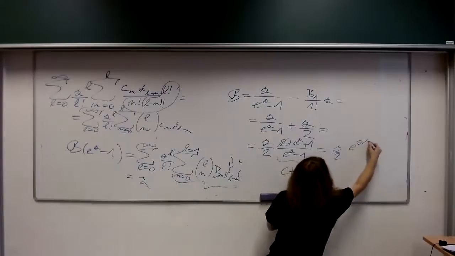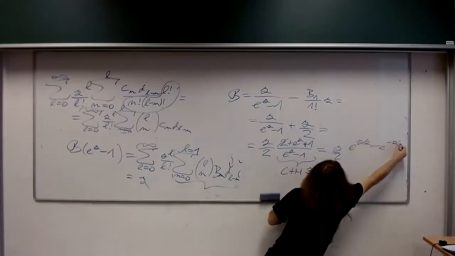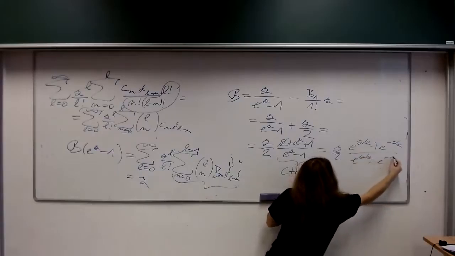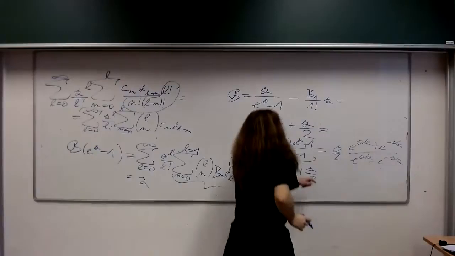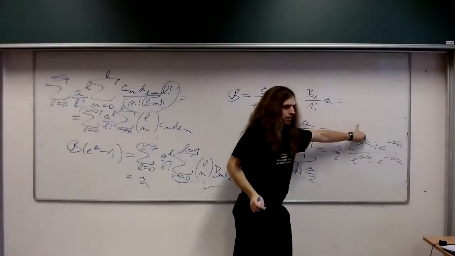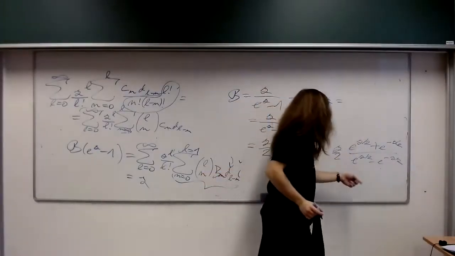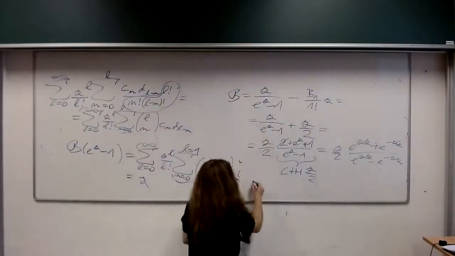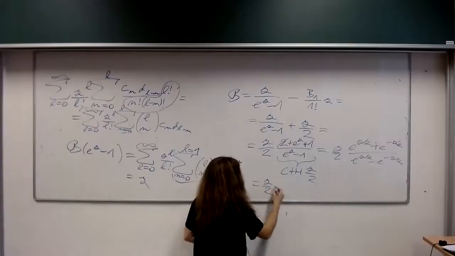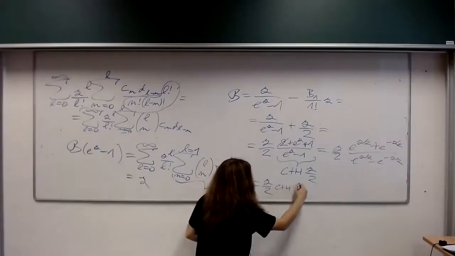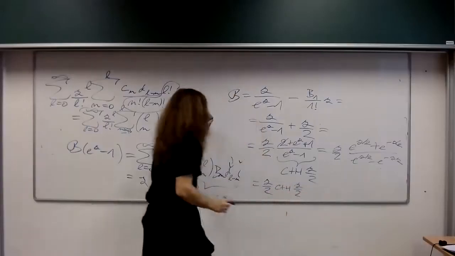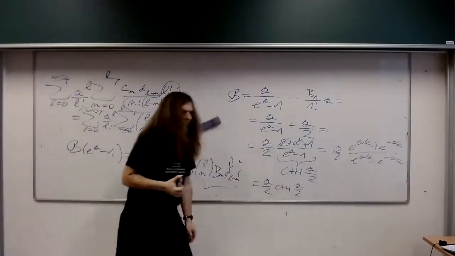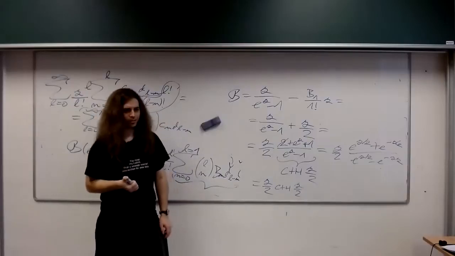Here I have this, of course, with plus. And here I just get twice the cosine hyperbolic, and here twice the sine. So we get that this is z over 2 times cotangent hyperbolic z over 2. And now if we look at that, well, we know that the cotangent hyperbolic is an odd function.